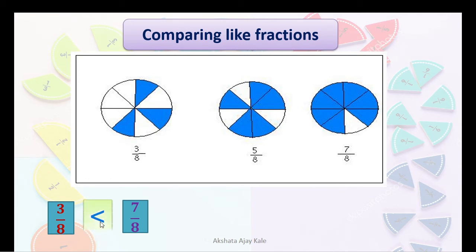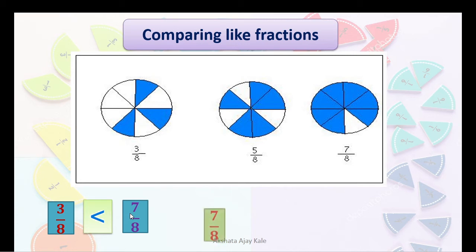Yes, 7 upon 8 is bigger. Very good. You know this symbol, right? Greater than. Correct? 7 upon 8 is greater than 3 upon 8. Otherwise, 3 upon 8 is smaller than 7 upon 8. See this crocodile mouth, it opens towards the greater number. Right?